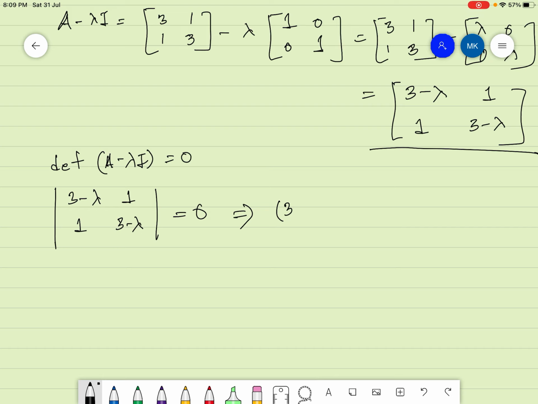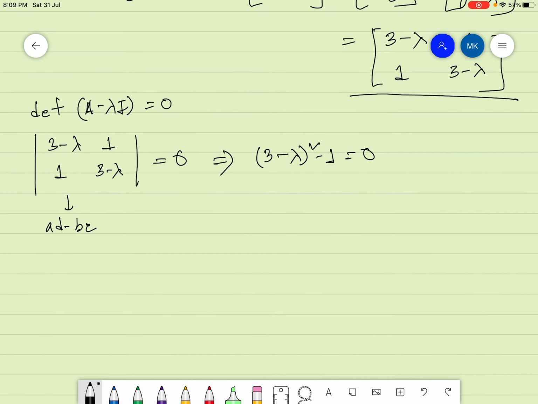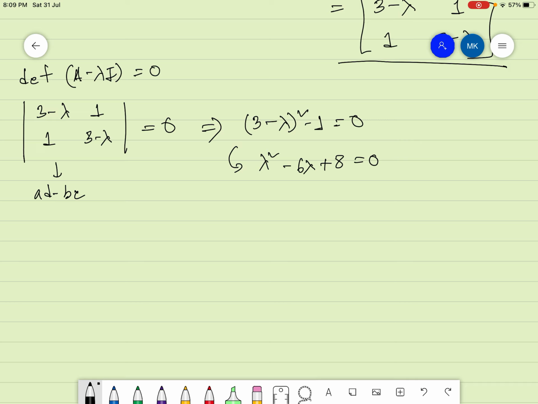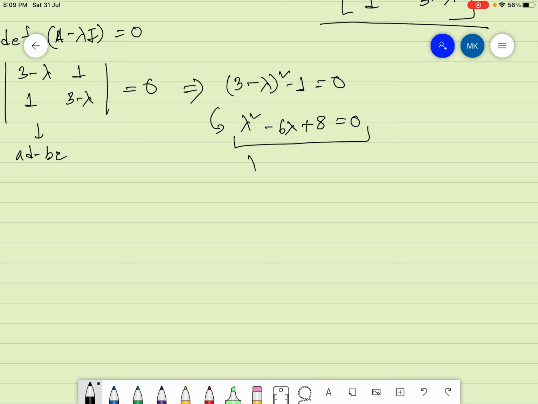So the determinant of this matrix is AD minus BC, so (3 minus lambda) squared minus 1 equals 0. So from this we can get lambda squared minus 6 lambda plus 8 equals 0. If we solve this equation, we'll have two solutions, which are lambda equals 4 and lambda equals 2.